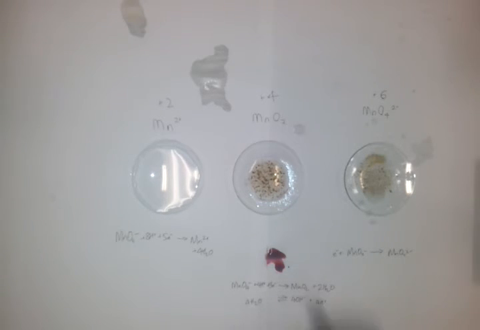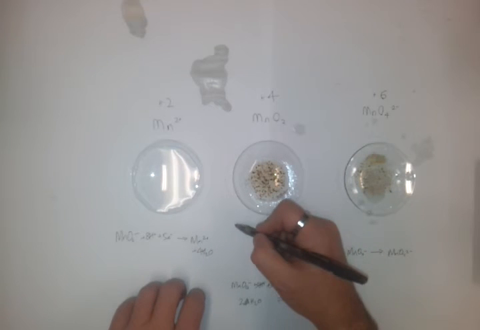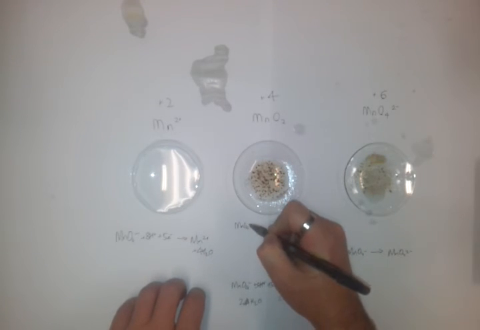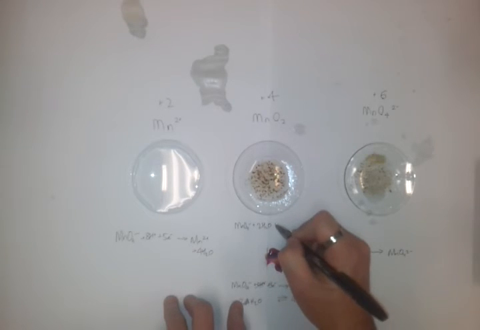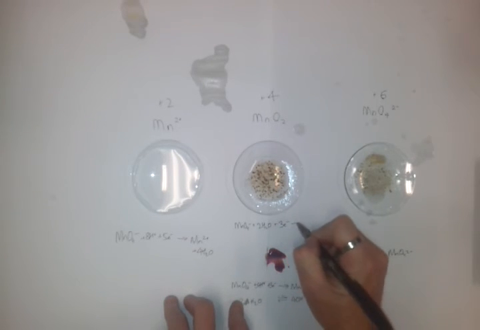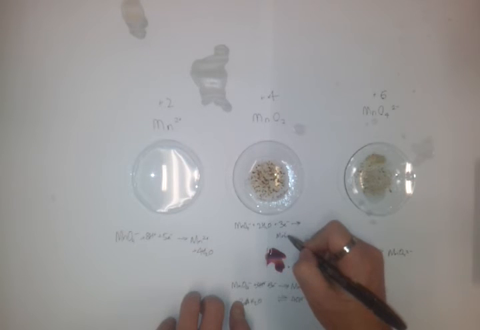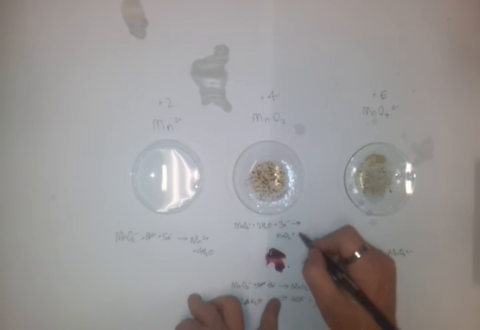Then I can see that that cancels out all of the hydrogens. It cancels out those 2 waters and turns that into 2. So I have a new equation, which I'll write up the top here. MnO4 minus plus 2 waters plus 3 electrons goes to MnO2 plus 4 hydroxides.